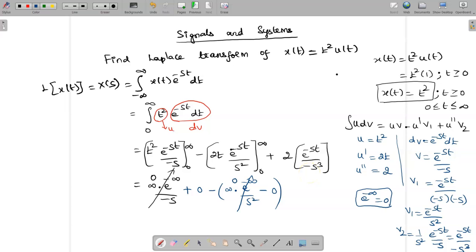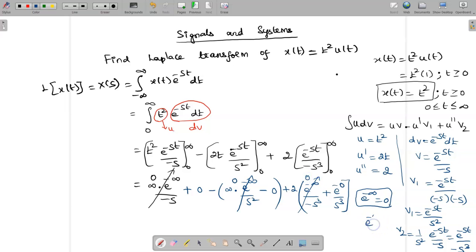Okay, and again here also for the third term we need to apply the limits 0 to infinity. So we have plus 2 into, apply the upper limit, e power minus infinity by minus s cube. Apply the lower limit, minus into minus will become plus, e power minus 0 by s cube, right. So anyway again e power minus infinity, this value is also 0.